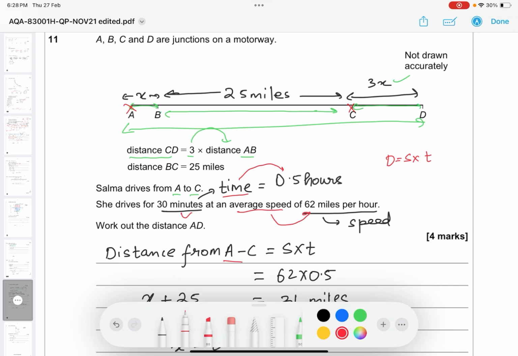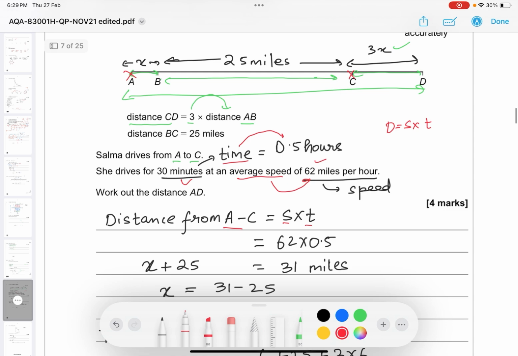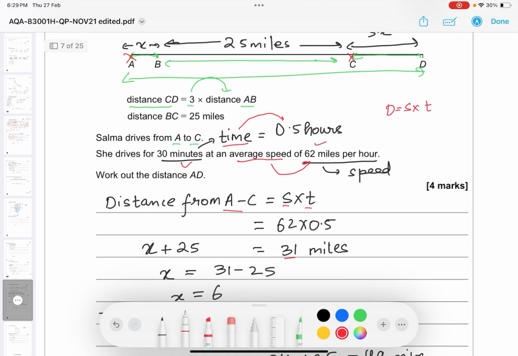So distance from A to C equals speed times time. That is, speed was 62 miles per hour and time was 0.5 hours. That will result in 31 miles. Now from A to C, total distance was x plus 25. So I will write distance from A to C is x plus 25. This 25 will go that side.